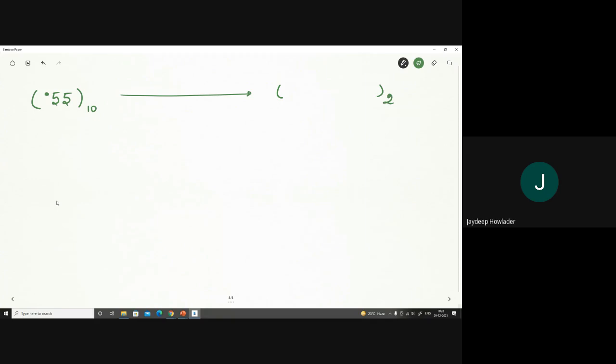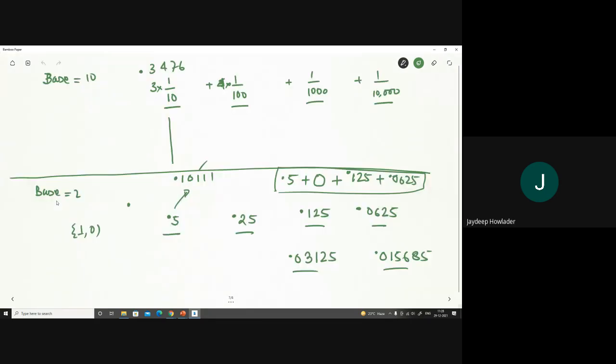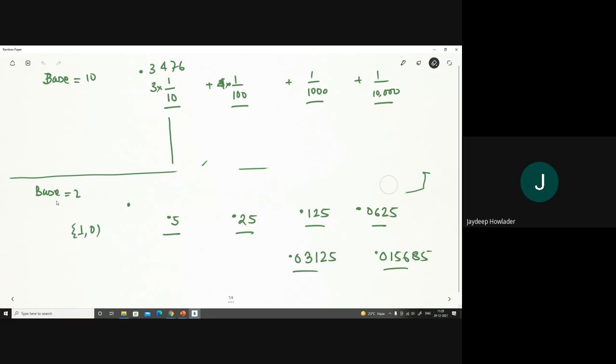Then if we move to my previous slides, you see that the positional values of the decimal are divided by 10, whereas the positional values of the binary are divided by 2.